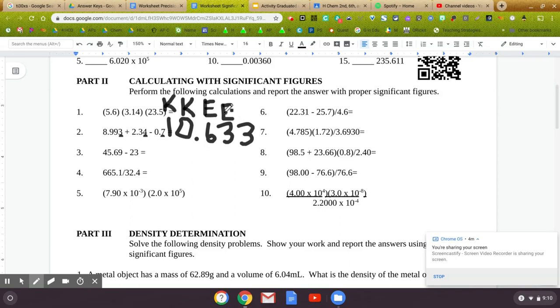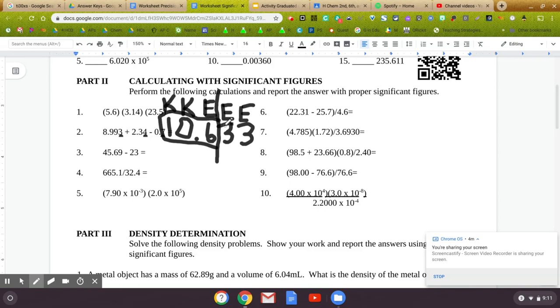And then finally, since this last 3 is an estimate from the 8.993, if I were to keep all of this, I would have a number that says, I know a place value, I know a place value, I'm estimating a place value, I'm estimating. That's not allowed. We're only allowed to have one estimated place value. So now this 6 is trailed by a 3. I have to say what happens to the 6, what stays the same. So my final answer is 10.6, and that's the one that I can write down and actually keep for problem number 2.